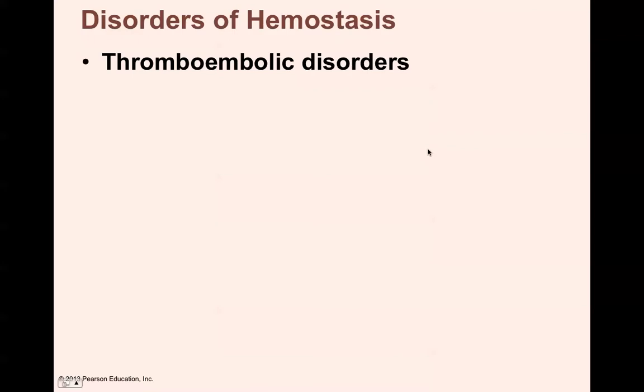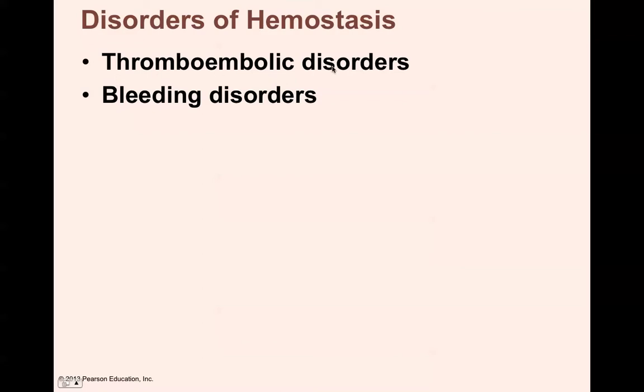Some of the disorders of hemostasis: thromboembolic. This is when a thrombus becomes an embolus. An embolism is something floating in the bloodstream, and a thromboembolism is a clot floating around in your bloodstream. So if it breaks off at the site of a larger artery, for example, and travels downstream to smaller arteries or arterioles, it can just completely block that vessel.